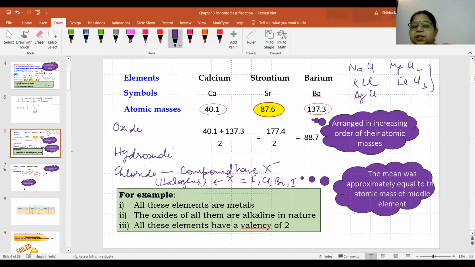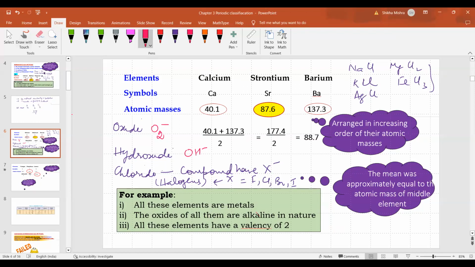Now, understanding what a hydroxide is. A hydroxide will be a compound or a salt in which we have the OH minus ion as the anion. Hydroxide ion is OH minus. And similarly, oxide will be O2 minus, right?